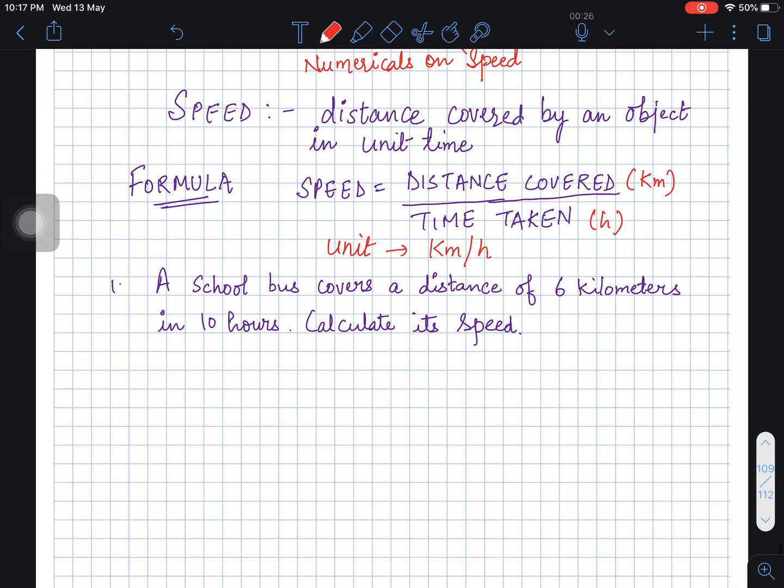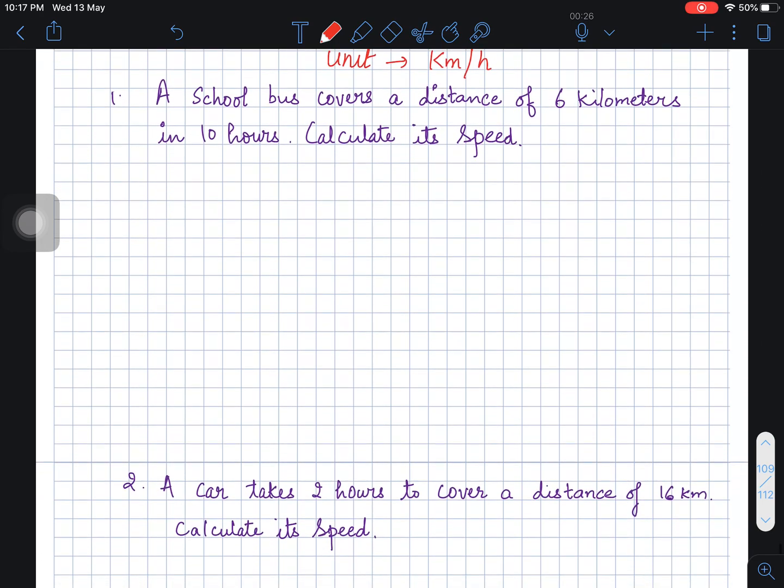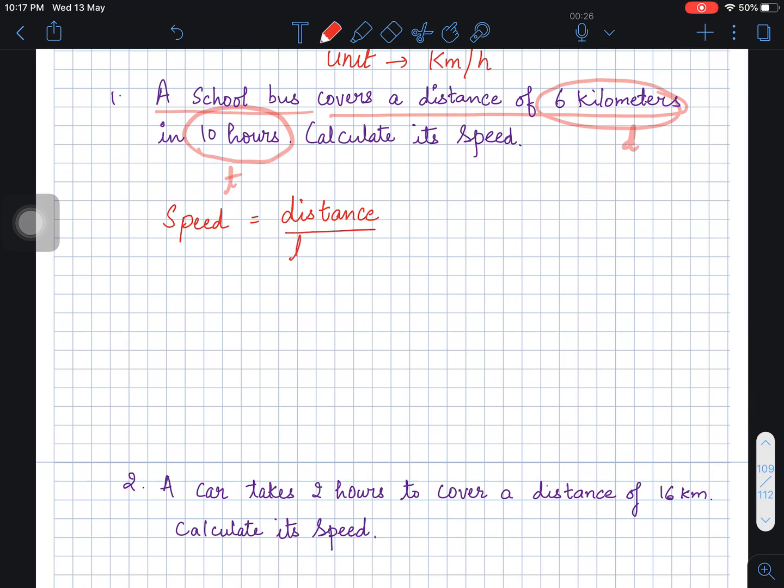Now we know the formula, so let's start with the numerical. First, a school bus covers a distance of 6 kilometers. So 6 kilometer is the distance, which I'm denoting with D, and this 10 hour becomes my time. Now if I write the formula, speed is equal to distance upon time.